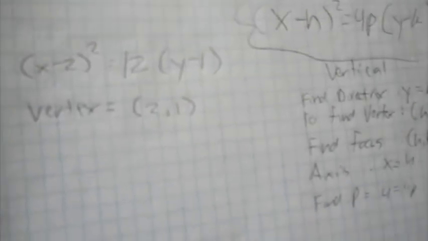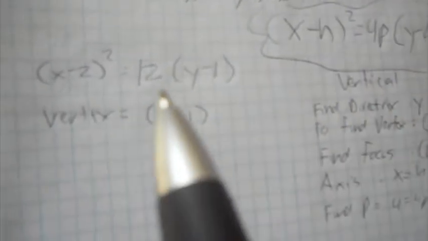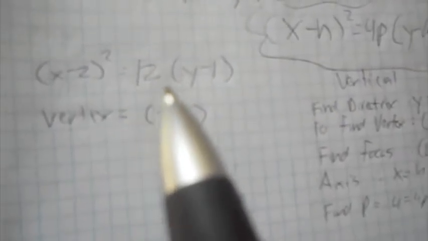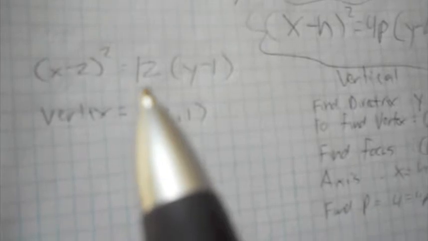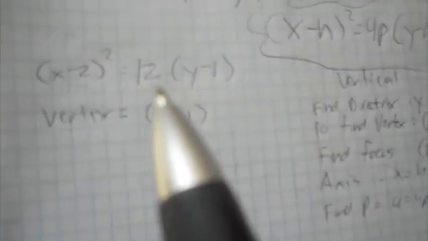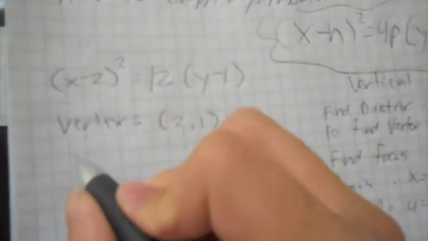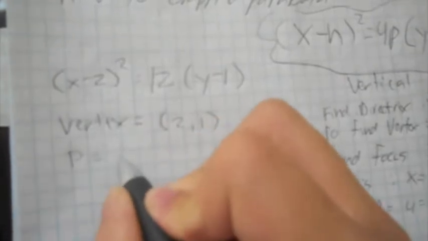And what else we can find is our p-value, and our p-value is whatever number times 4, as you can see right here. The value right here is 12, so 4 times 3 is going to equal 12, so our p-value is equal to 3.